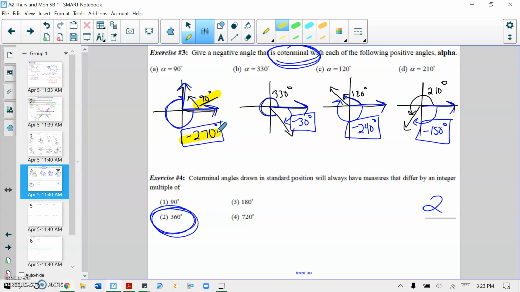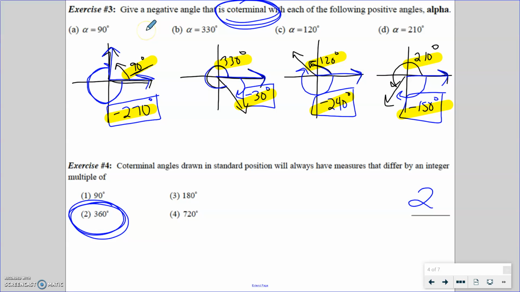If you do 330 minus negative 30, you get 360. 120 minus negative 240, 360. I think you see where I'm getting at with that, okay? So you can use that to your advantage when you're trying to find coterminal angles, especially if they give you some that are a little bit more complicated than the ones we did.